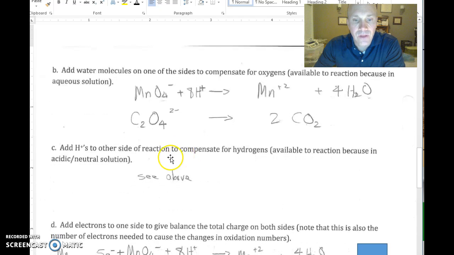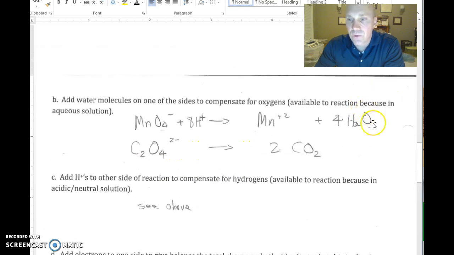The next step is to add H pluses to the other side of the reaction to compensate for hydrogens. So this is where we go back and say, well, we added 4 water molecules so that we have the same number of oxygens on this side as we did on this side.